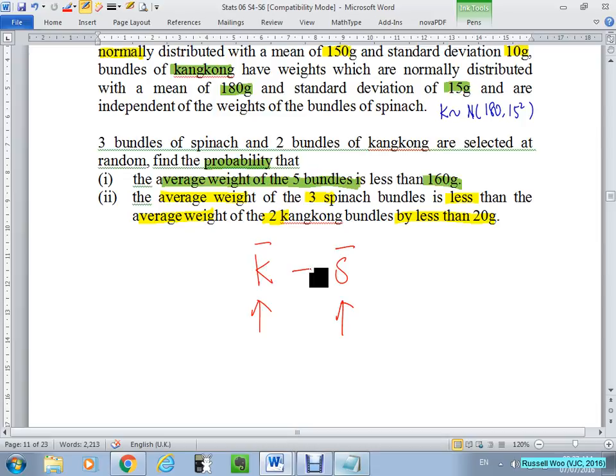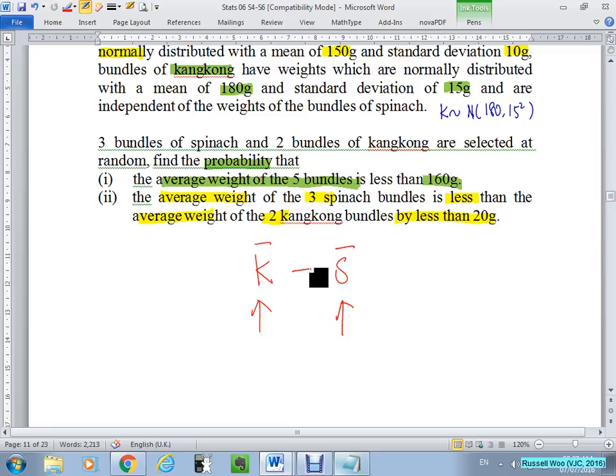Correct? So far so good. You want this to be less than this by less than 20 grams. So does it make sense to all of us that you want this to be more than this by less than 20?